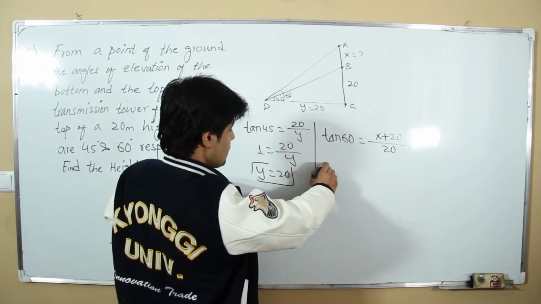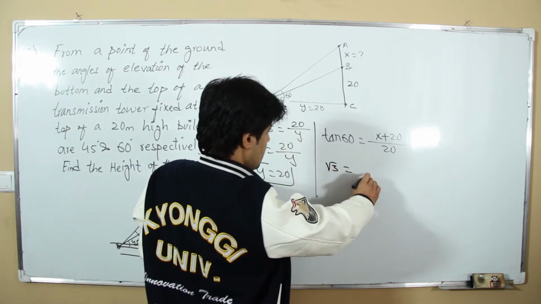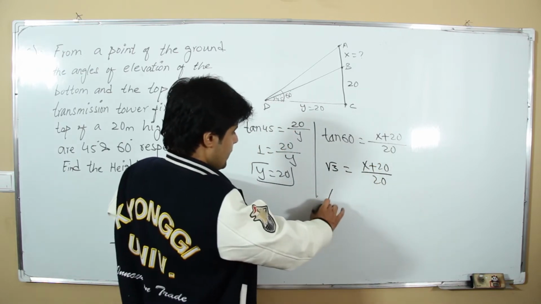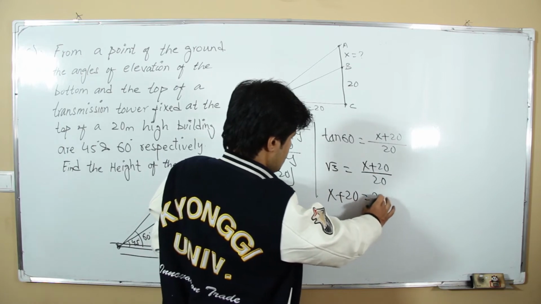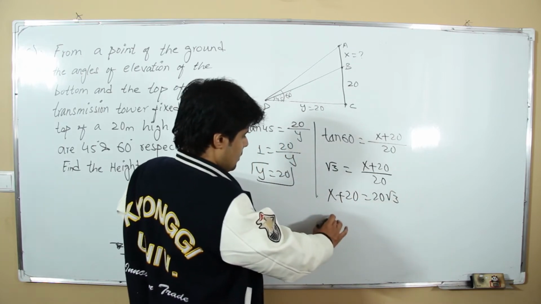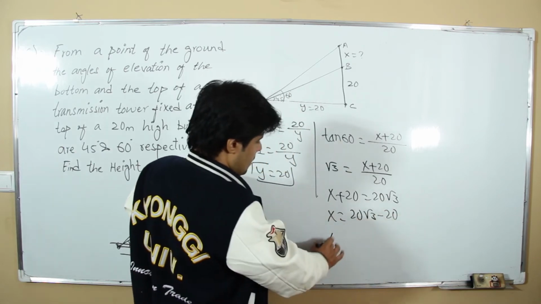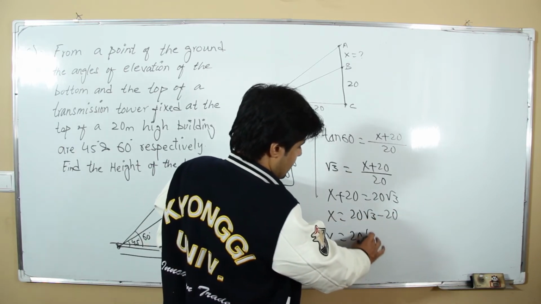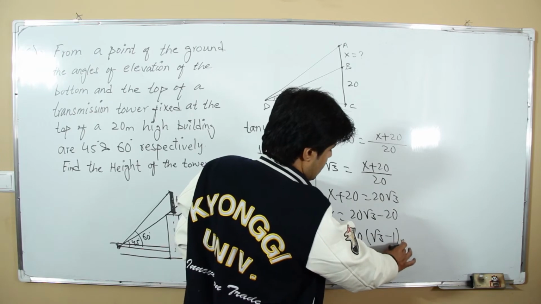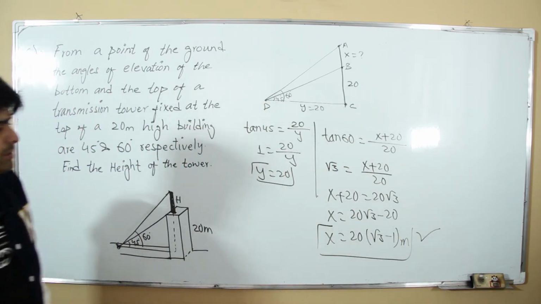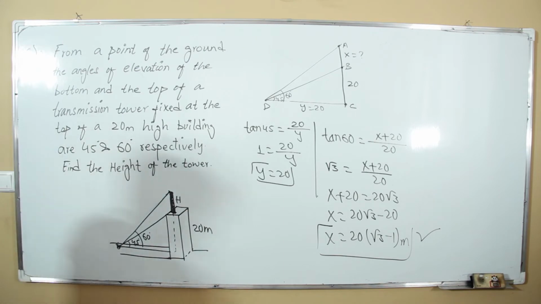Tangent of 60, it is root 3, is equal to x plus 20 divided by 20. x plus 20 is 20 root 3, and we will have x equals 20 root 3 minus 20, and we can take the factor 20, so 20 times root 3 minus 1 meter. This is the height of the tower. Write it, please.